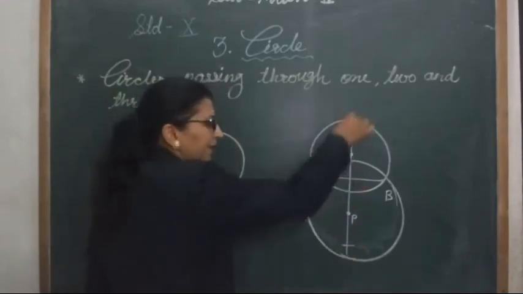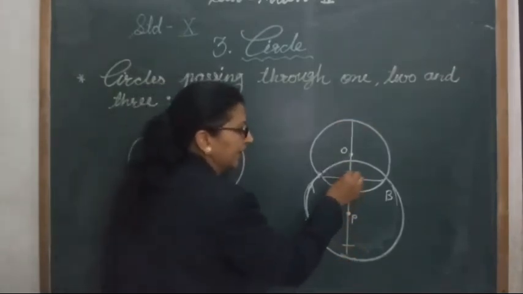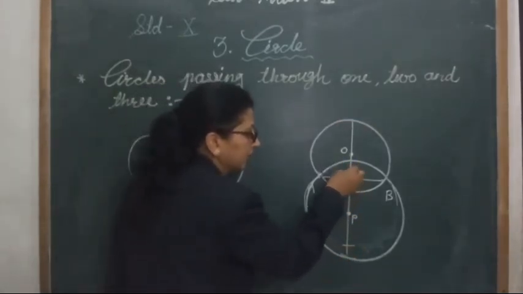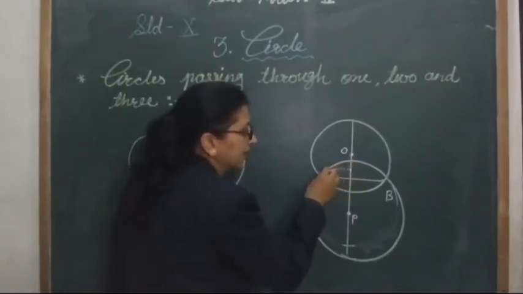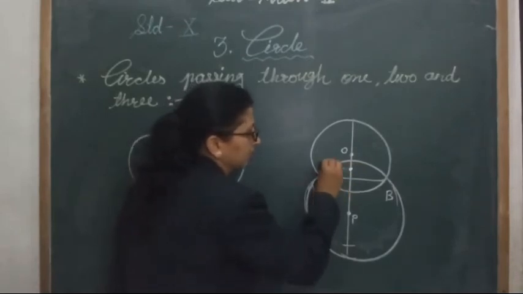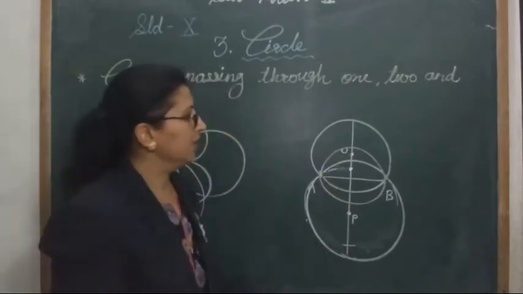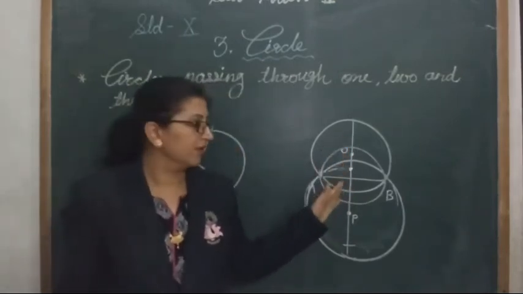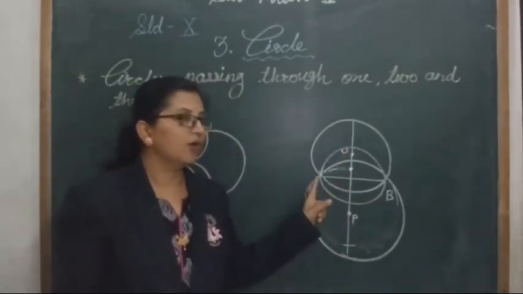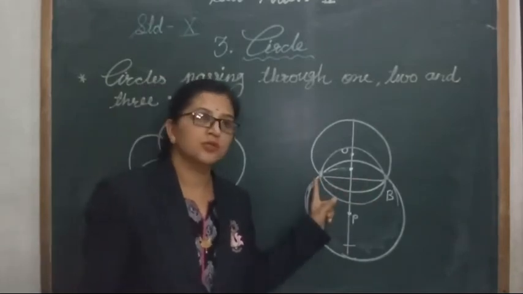So on this perpendicular bisector, anywhere you take a point, you will get a circle passing through these points. So we can draw any number of circles passing through these 2 points.